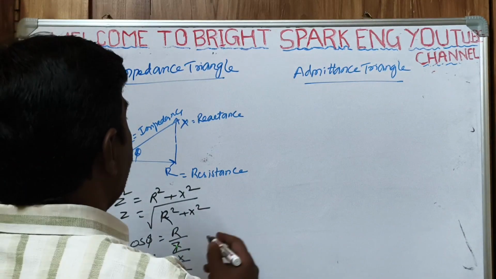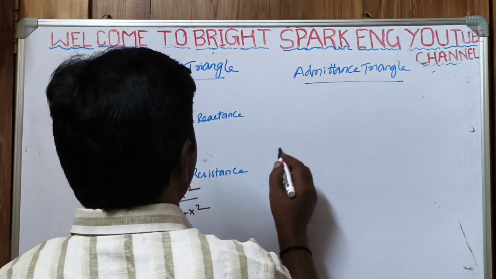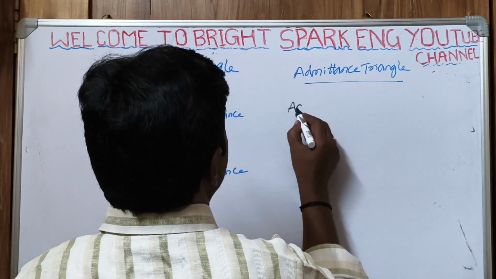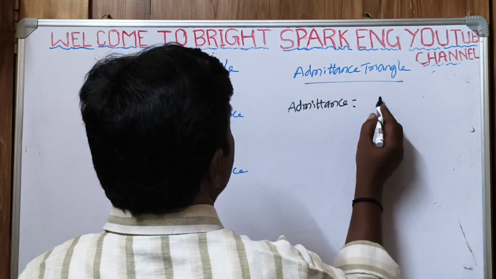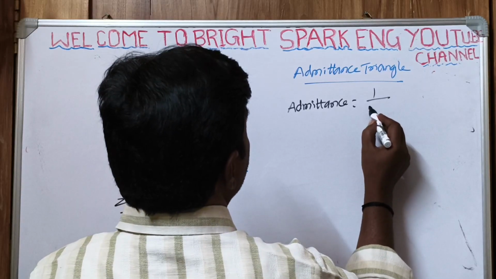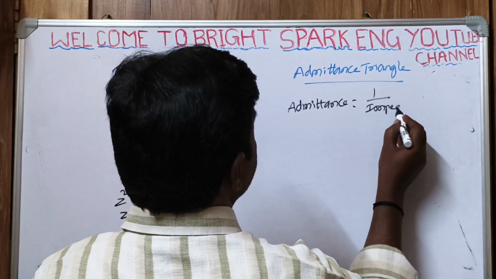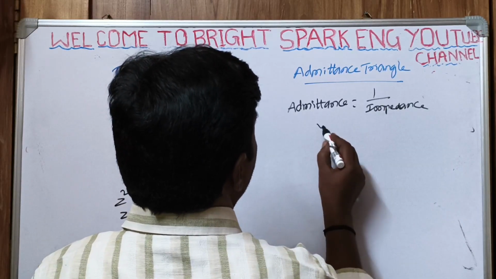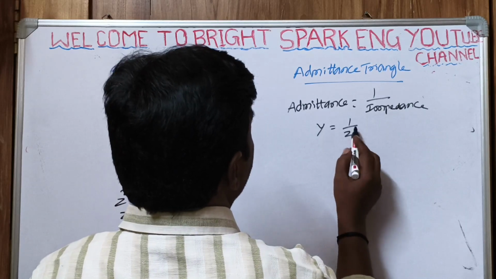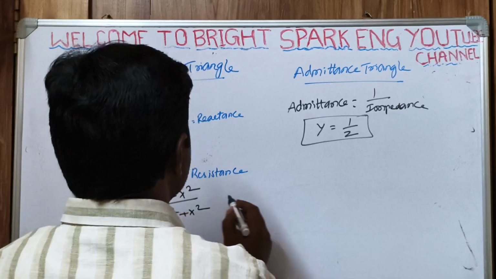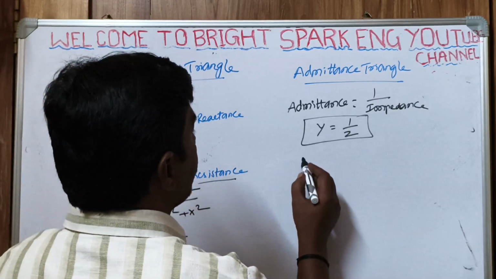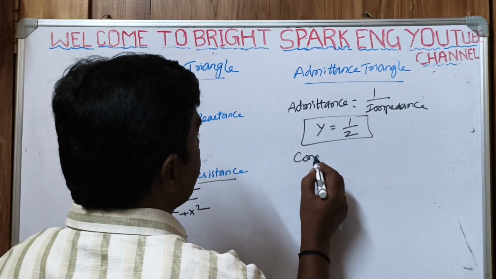In the same way, admittance is equal to the reciprocal of impedance. Y is equal to 1 by Z. This is the formula. Next, the reciprocal of resistance is conductance.